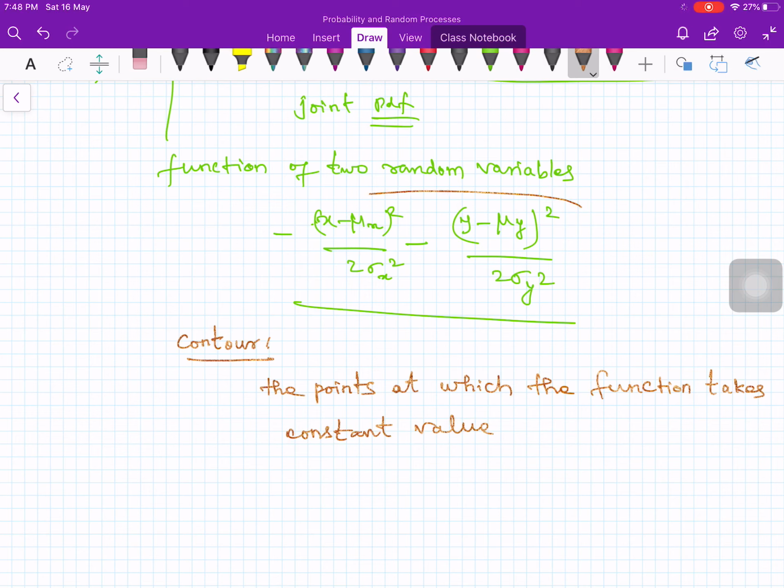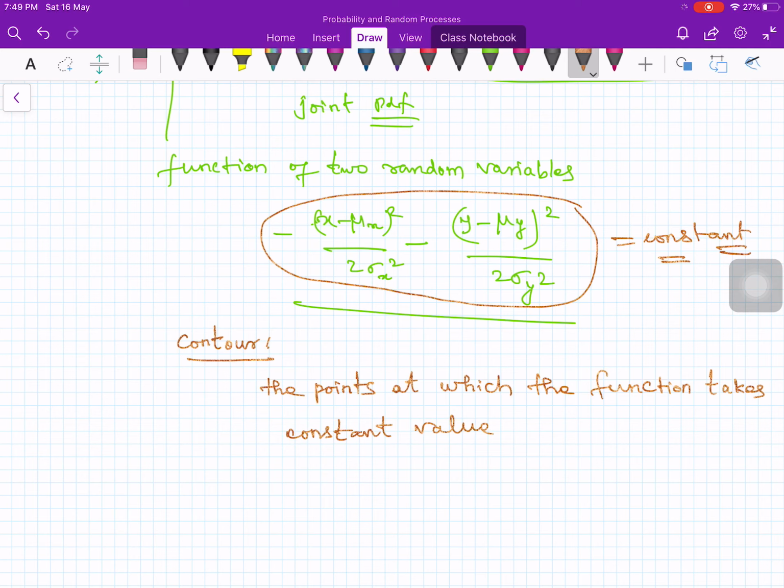That means the whole thing is equal to some constant value. Whenever it is taking a constant value, it is a contour. For different x and y values, it is going to be constant, and for different x and y you will get different constants, and those are going to be different contours.